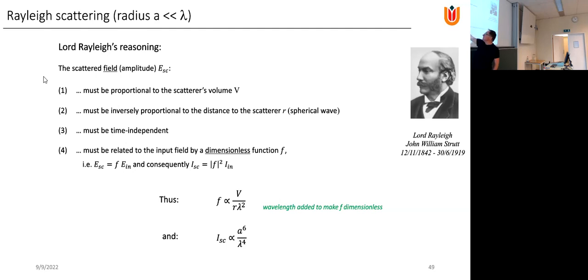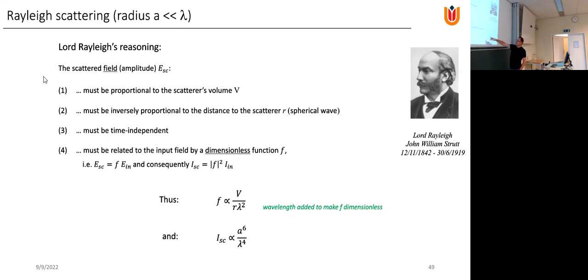the first bullet point. It is inversely proportional to the distance, the second bullet point. It must be dimensionless. So that means that volume here, we have distance here, so we need area. So we put the wavelength here to make the whole function dimensionless.